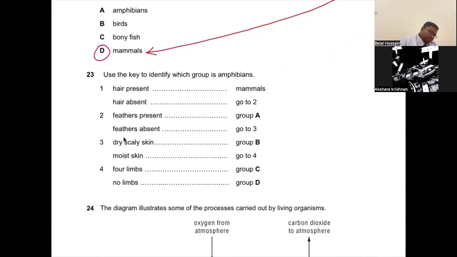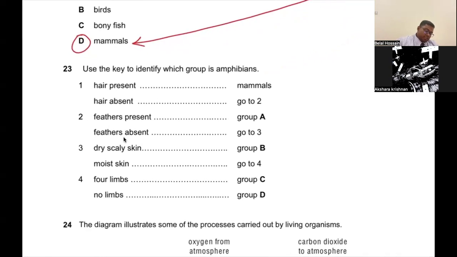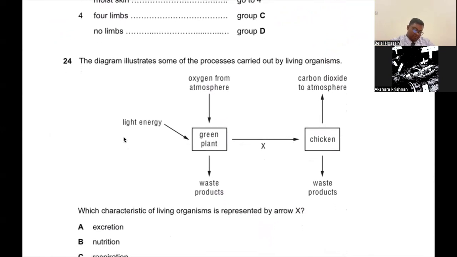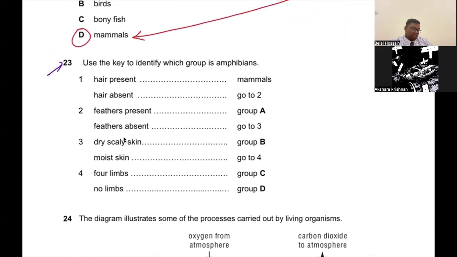Now, number 23, give it a try. Use the key to identify which group is amphibian. You have to identify which is a dichotomous key, and these are very good practice for dichotomous key. Keep doing. Hair present, go to mammals. Hair absent, go to 2.